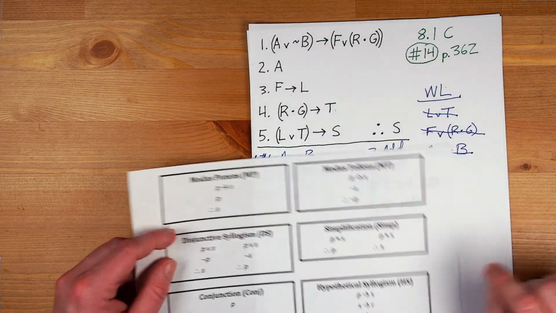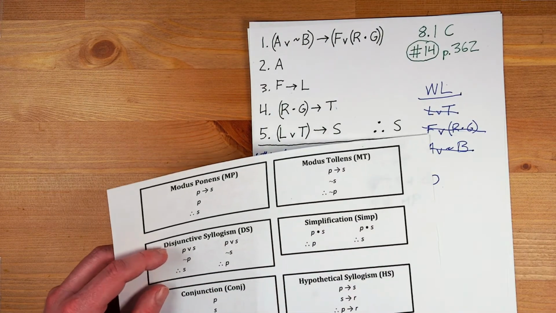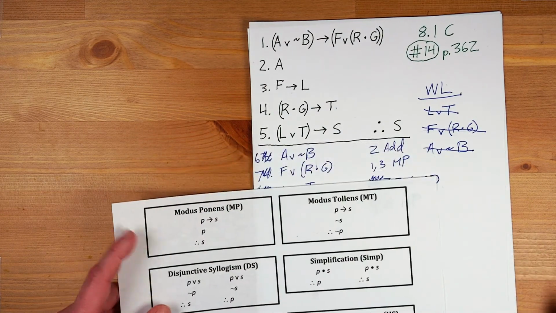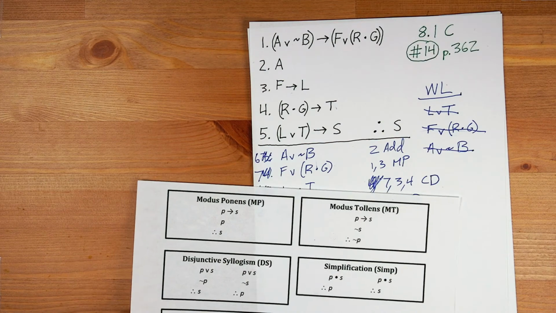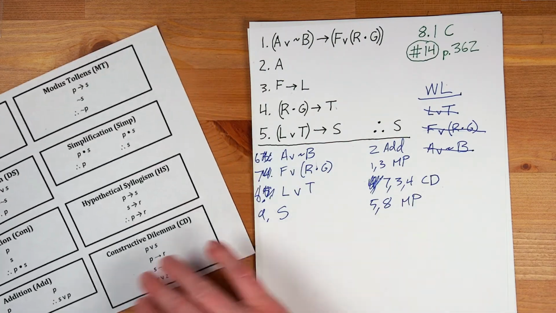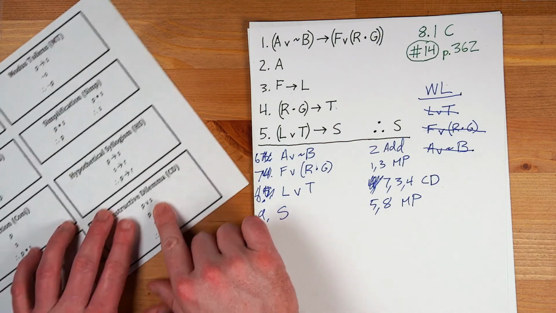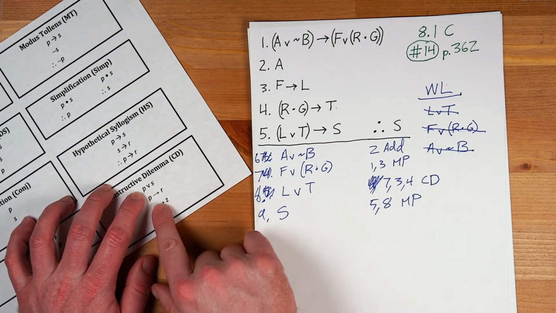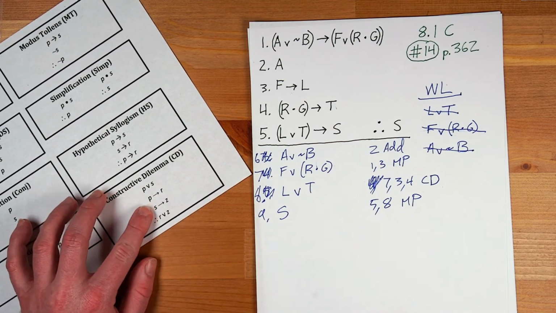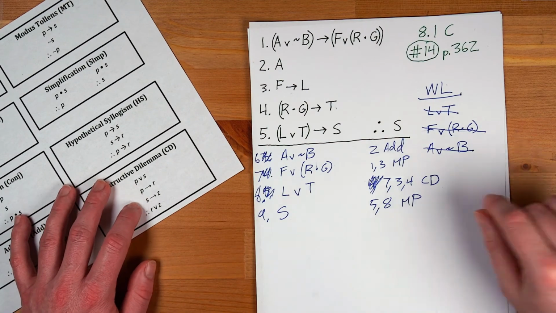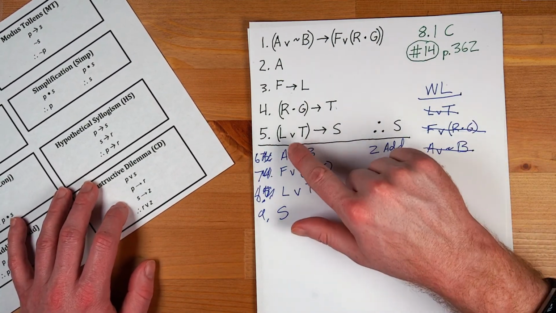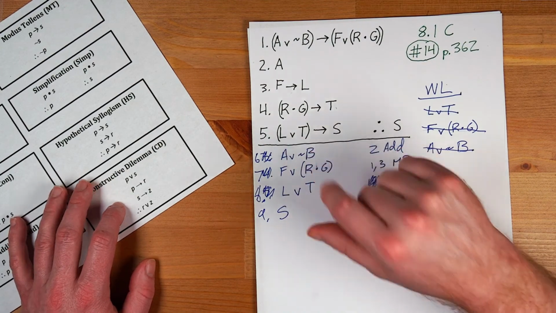Can I do anything with that? And then you go through each rule, maybe, right? Go through each rule and see if any would help, because it's easy to forget about a rule and just see where it might apply. You might finally get to constructive dilemma and you see, oh, look, a disjunction and 2 conditionals.